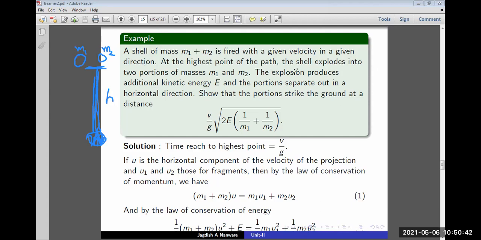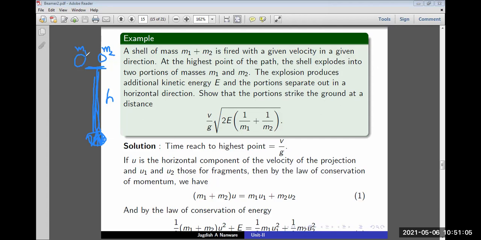And the explosion produces additional kinetic energy, denoted by a capital E, and the portions separate out in a horizontal direction, so that the portions strike the ground at a distance.